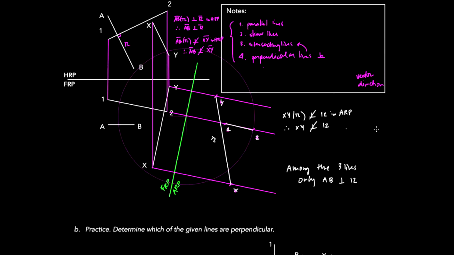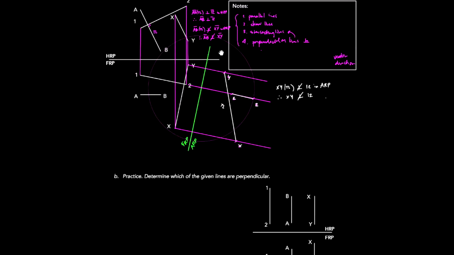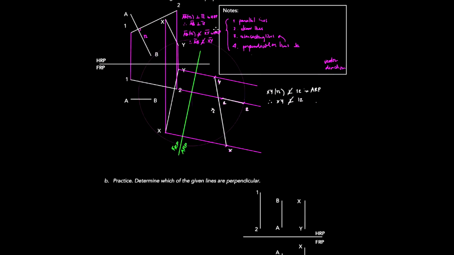But if I were to rephrase the question, say, is AB perpendicular to XY? If that is the question, then you have to write this proof to show that they are not perpendicular. But most of the time, the problem is not stated this way. Usually it is not the main thing being asked, but part of a condition for you to produce other planes, lines, or objects.